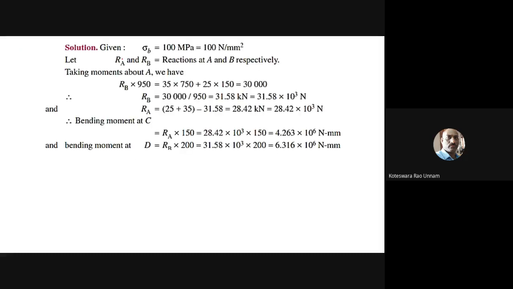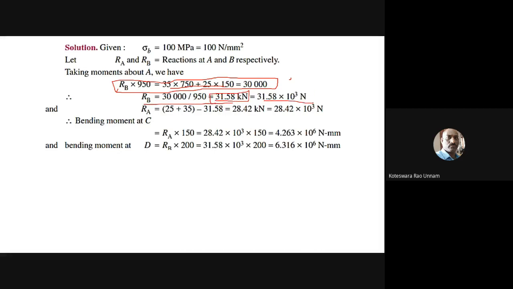Okay, so here is the same equation we just wrote. RB times 950 is equal to 35 times 750 minus 25 times 150, which is 30,000. If you simplify this, from that we got RB as 31.58 kilonewtons.